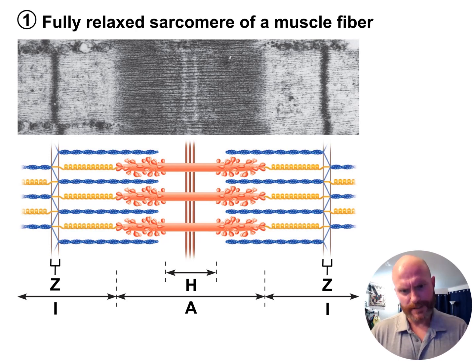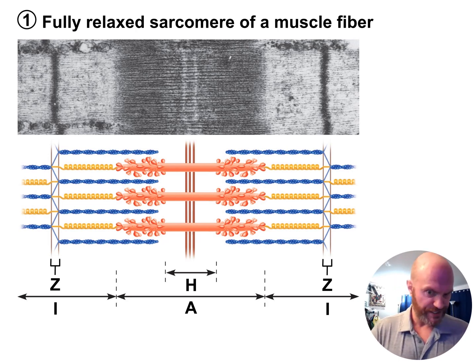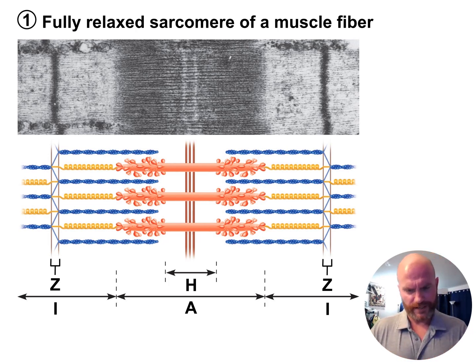This slide gives us a much better view of the H zone, and the H zone is a lighter region in the midsection of the dark A band where filaments do not overlap. To put into context, this slide represents a fully relaxed sarcomere of a muscle fiber.